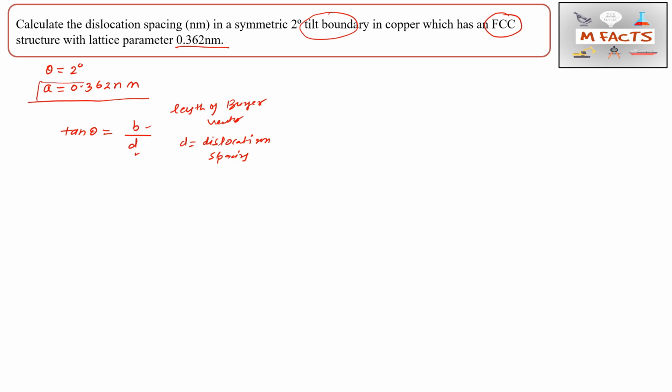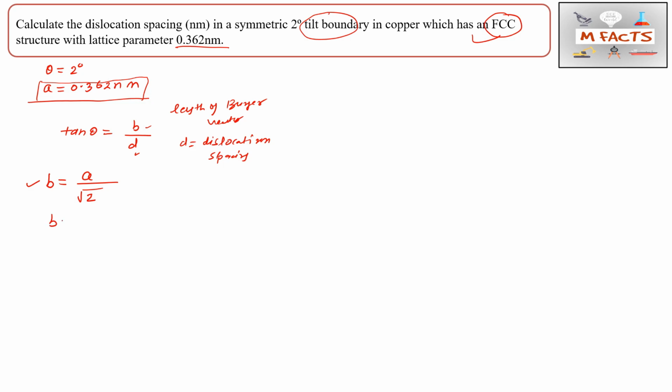Here they have given the lattice parameter, and also they told about the crystal structure, so we can find the Burgers vector value. Okay, so how can we find the Burgers vector value? In case of FCC we can find B equals a by root 2.